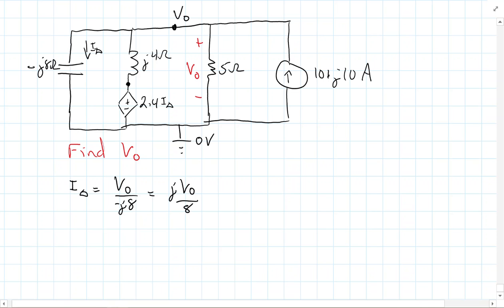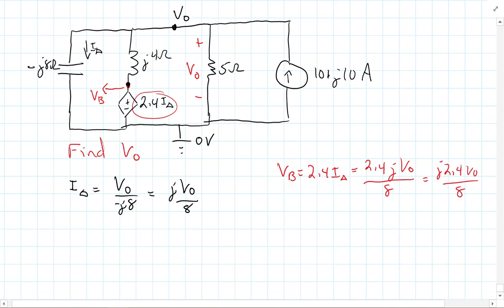No, we won't have to write two node equations. I was just thinking through it, because we need to know this voltage right here. That voltage is 2.4 I delta, so I'll call this VB and write it off to the side. VB is 2.4 I delta, which would be 2.4 j V out over 8, which I'll just write as j 2.4 V out over 8.